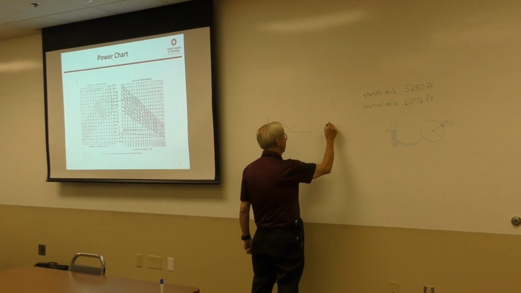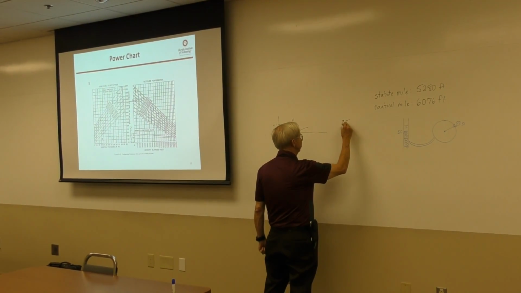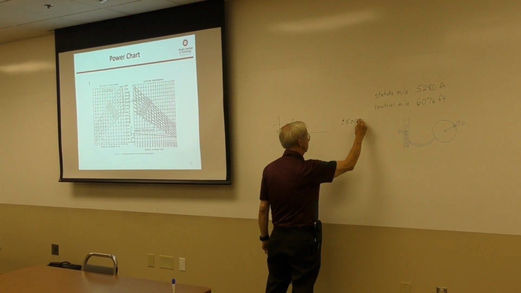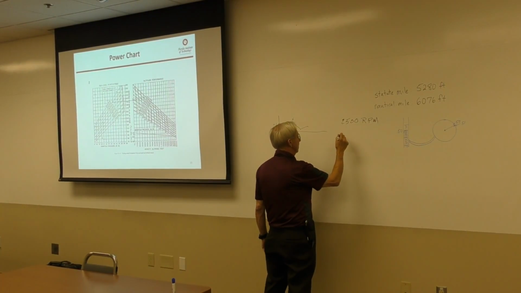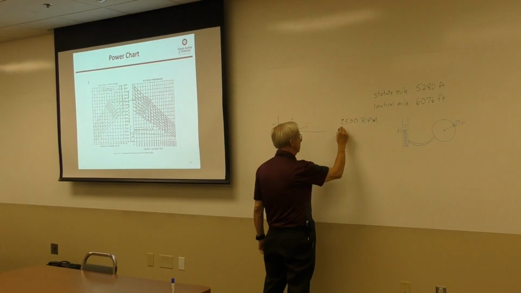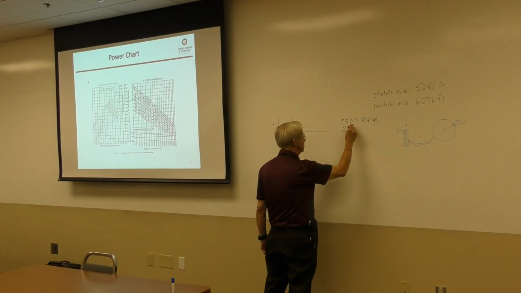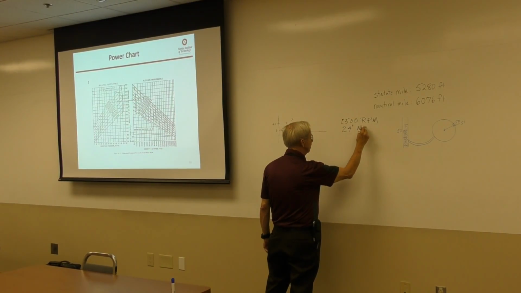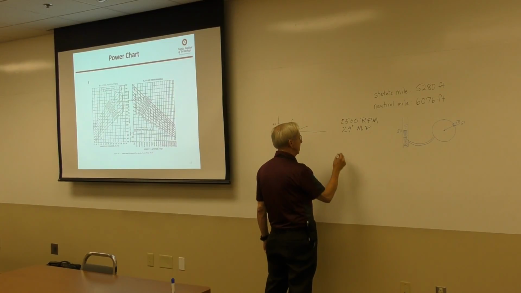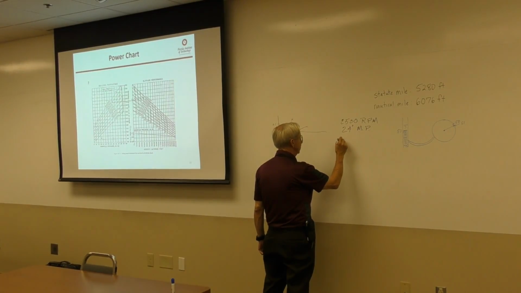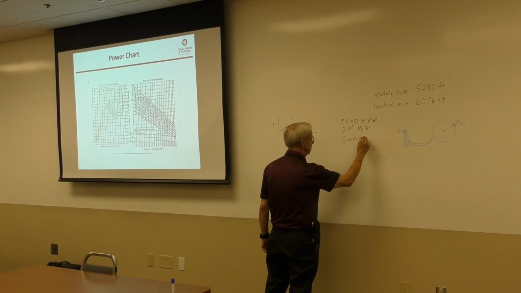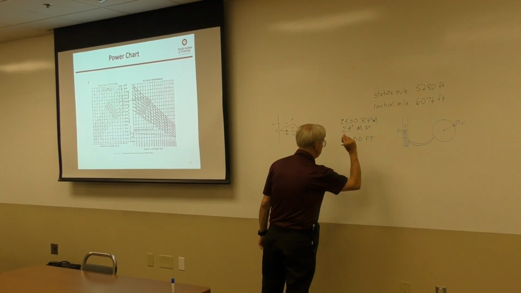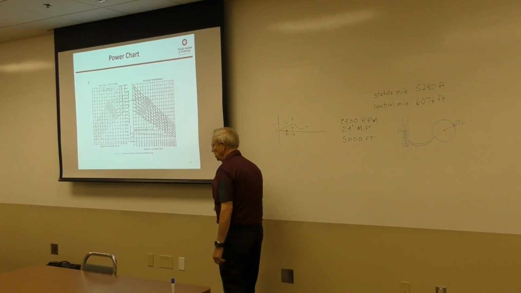Let's say we have 2,500 RPM, we have 24 inches of manifold pressure, and we are at 5,000 feet of pressure altitude.